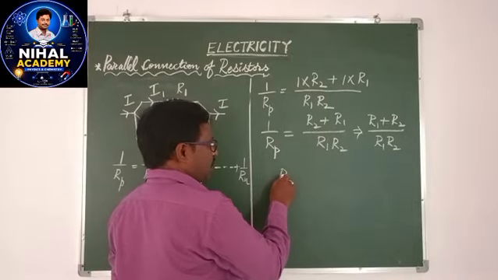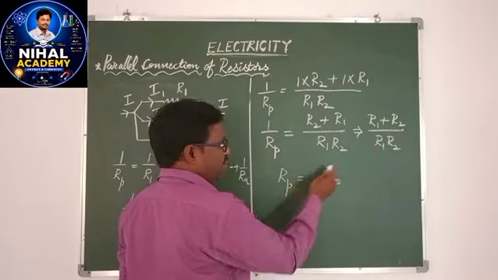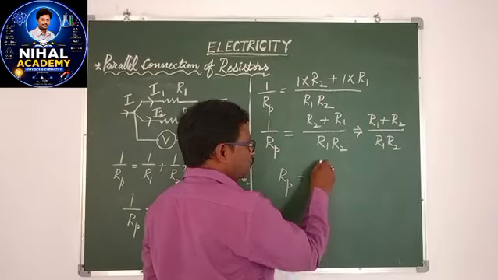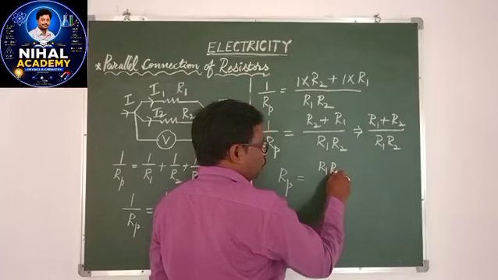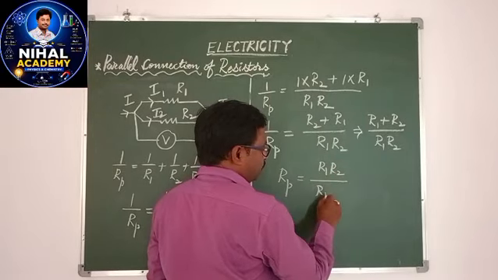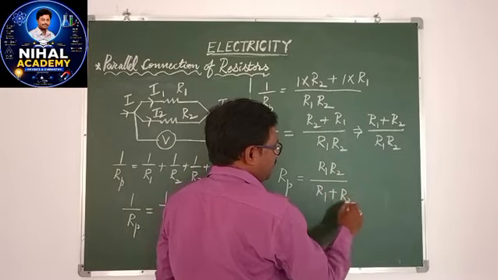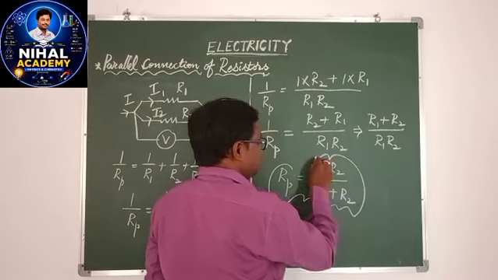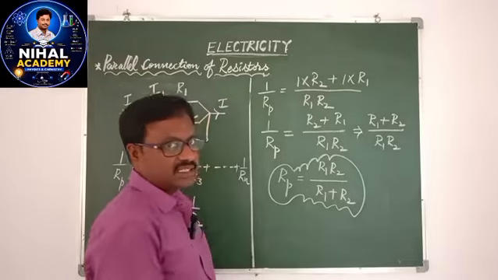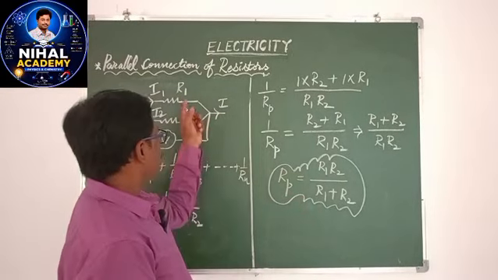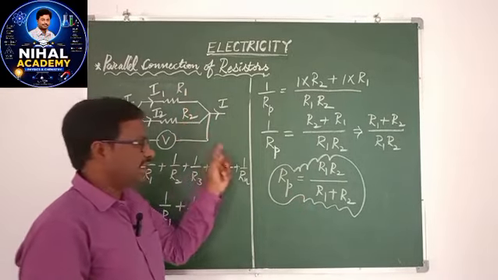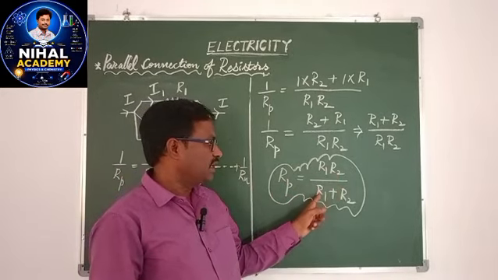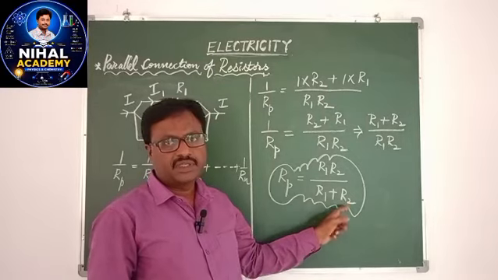Then Rp is equal to the reciprocal of R1 plus R2 by R1 R2, which is R1 R2 by R1 plus R2. So this is the final resistance, or resultant resistance, or equivalent resistance when two resistors are connected in parallel, that is Rp is equal to R1 R2 by R1 plus R2.